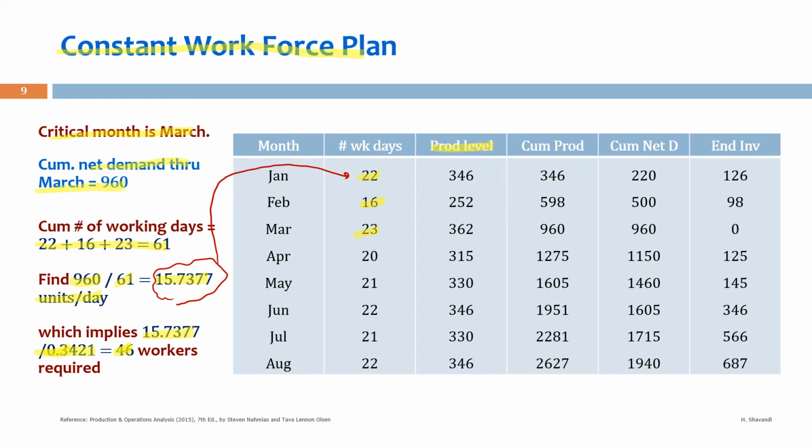For example, for the first month, January, it will be 15.7377 times 22, which is approximately 346. We round up the numbers. So by having this, we have the production level.